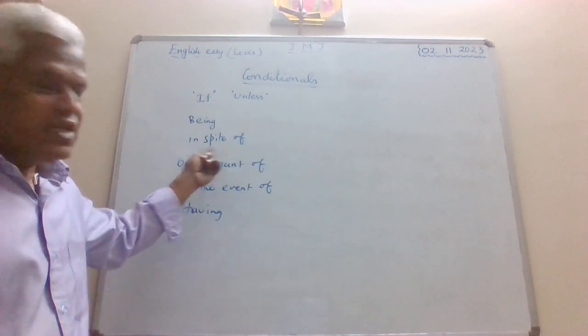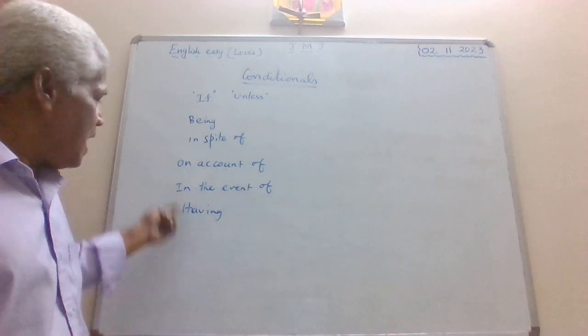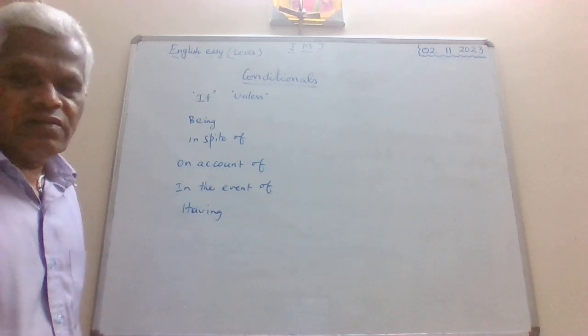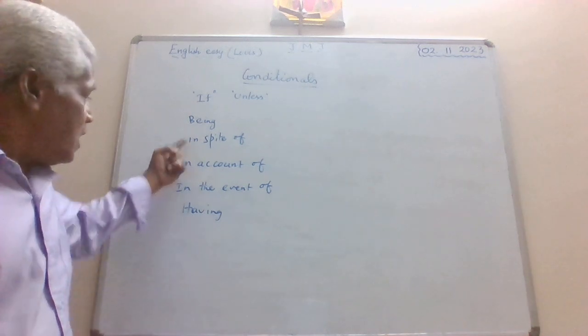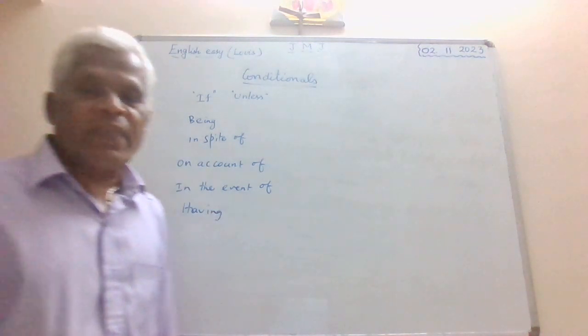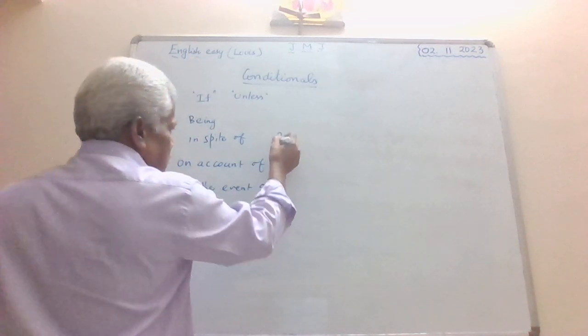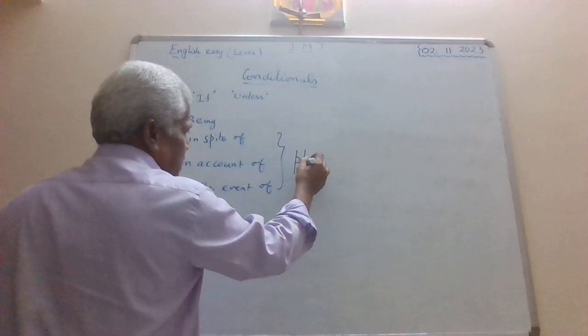What about in spite of, on account of, in the event of, or similarly having? All these words, you see, there are three words in each of these phrases. So we call them phrases.